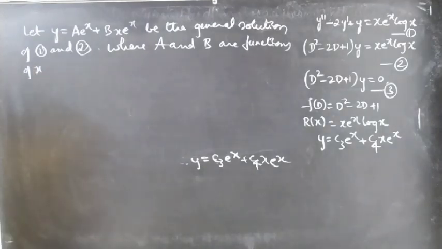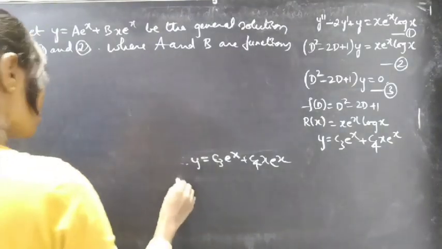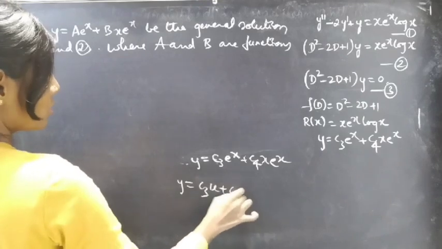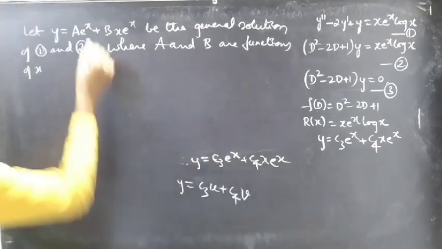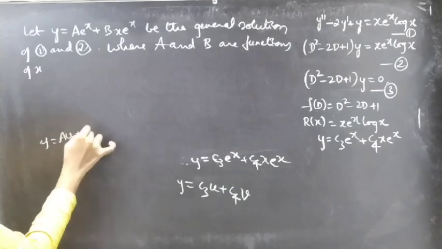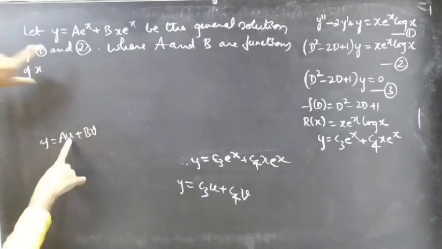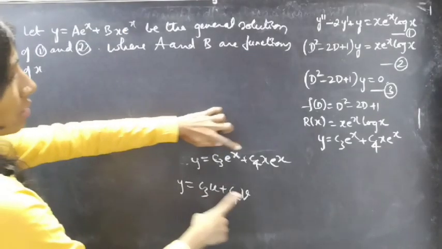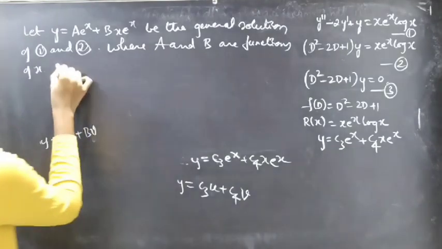Now we can compare the solution of the homogeneous equation, y equal to c3u plus c4v, with y equal to au plus bv, to find u and v, where u is e power x and v is x e power x. See, u is e power x and v is x e power x.